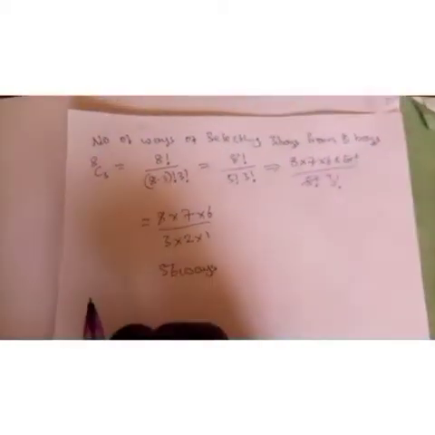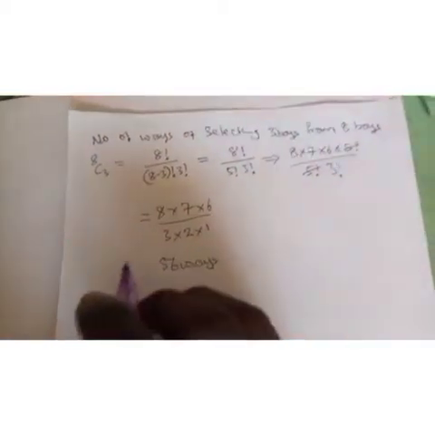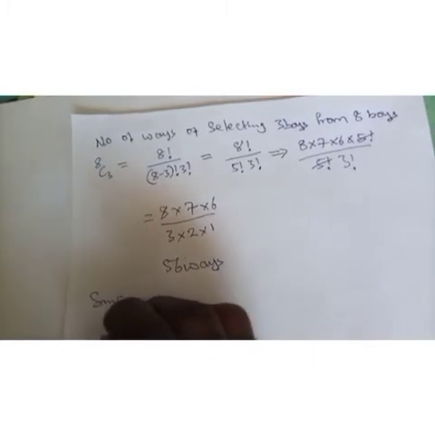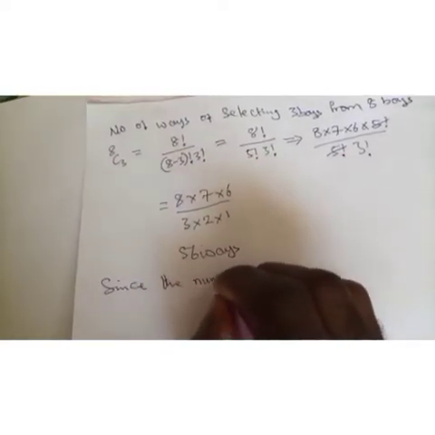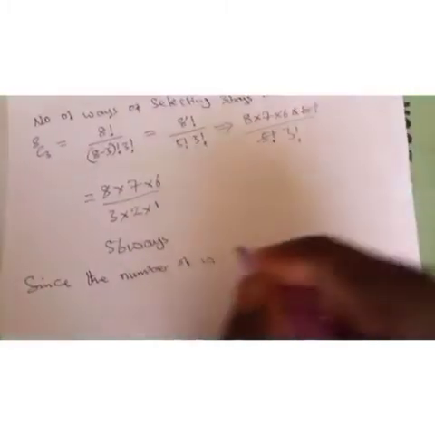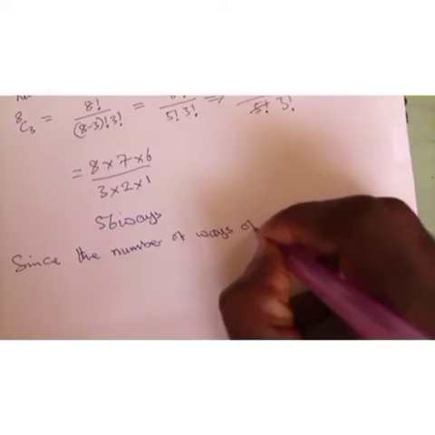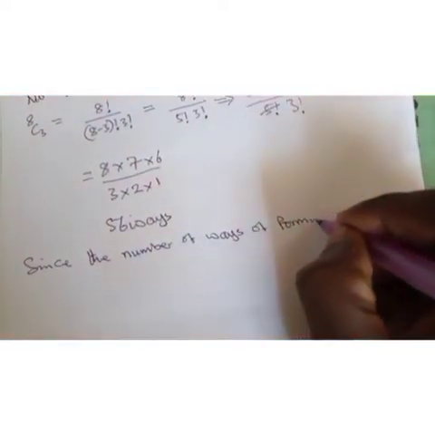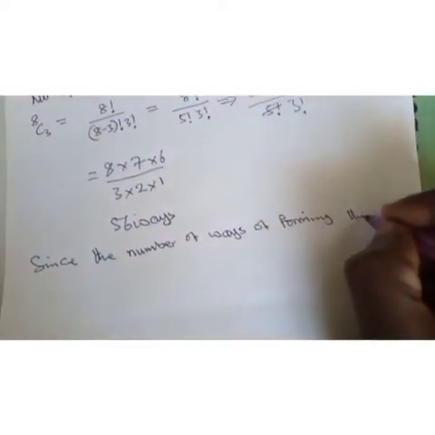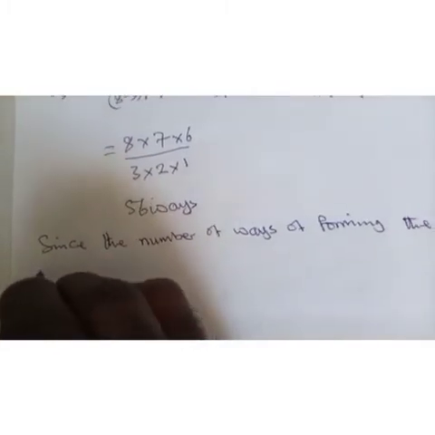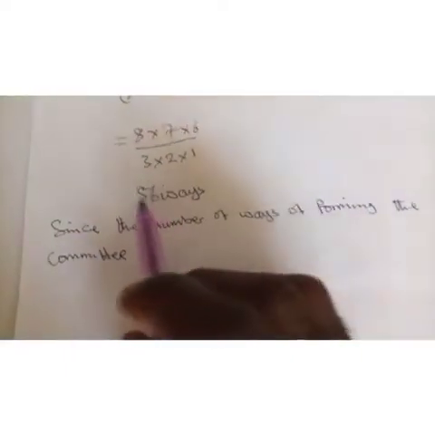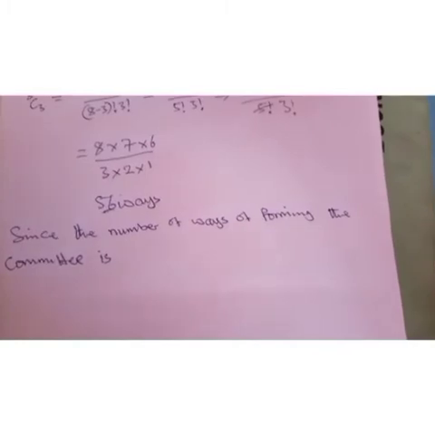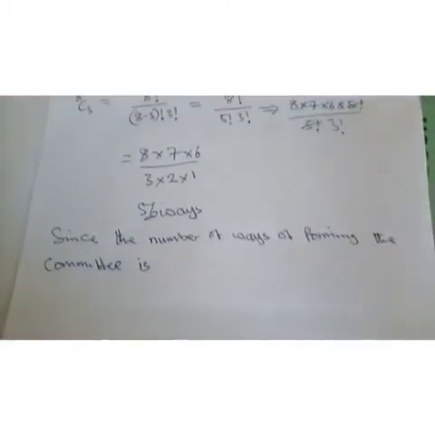Okay, so from here when you get this, you can say the number of ways of forming the committee, as it's written in the question, is now you multiply the number of ways of selecting 3 boys from 8 boys with the one of girls.